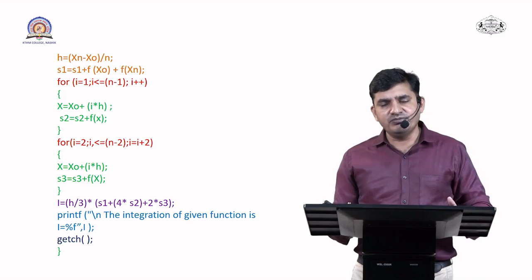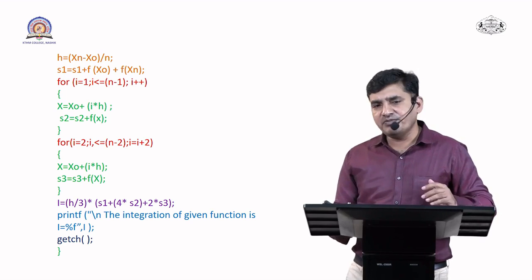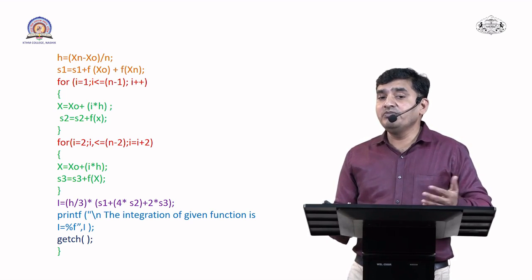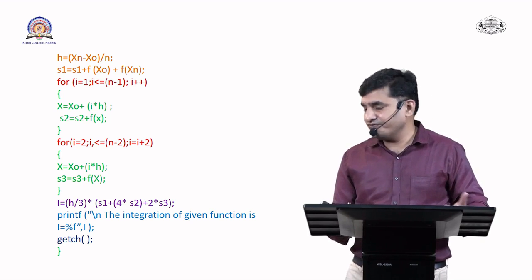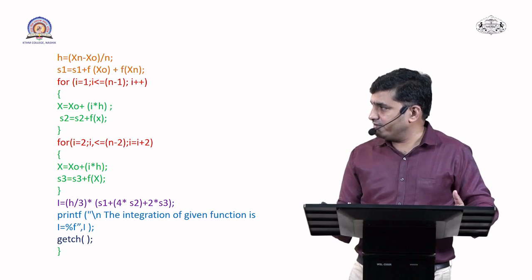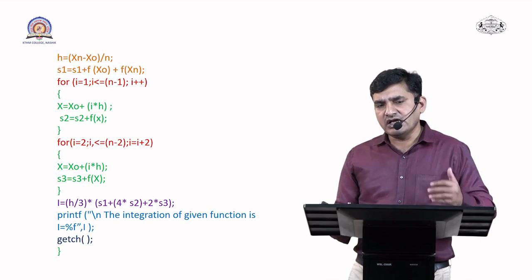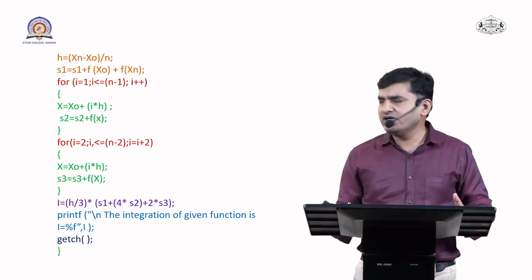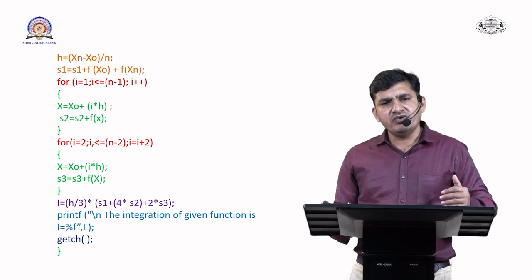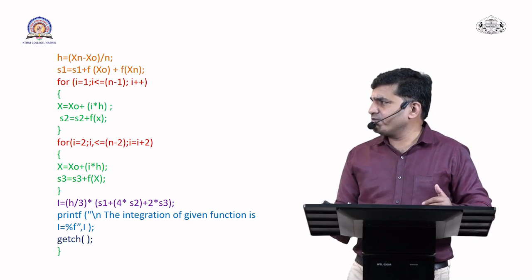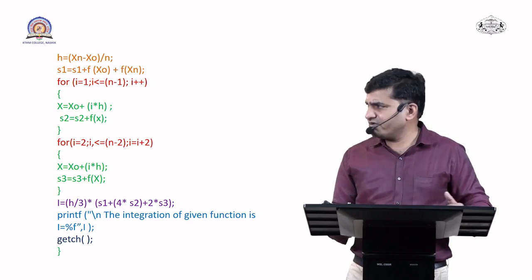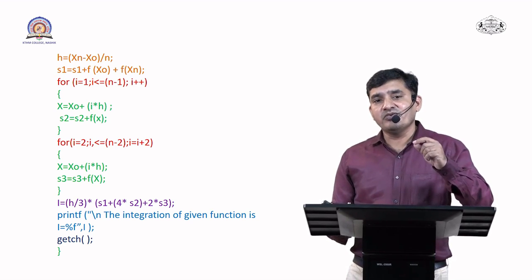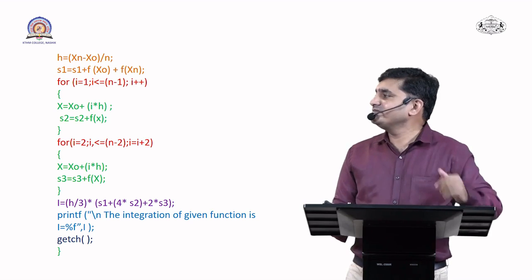By using the input function scanf %d and n, we give the input value of n to the computer. Now calculate step size by using the formula h is equal to xn minus x0 divided by n. Now s1 is equal to s1 plus f of x0 plus f of xn, that is y0 plus yn.